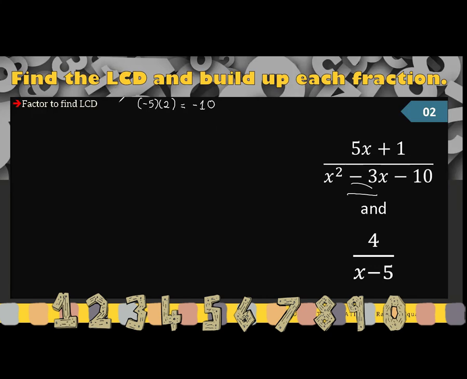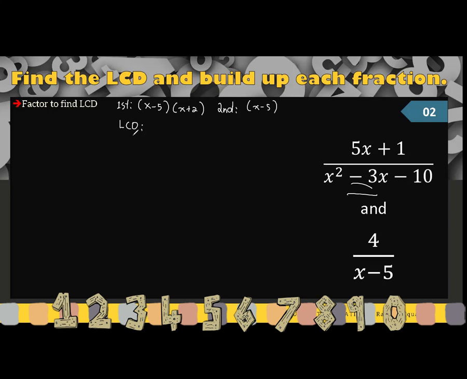Let us rewrite the factors for the first polynomial as x minus 5 and x plus 2. Now take note that in our second polynomial, we have x minus 5, and this one is prime. It means that the expression cannot be factored further.